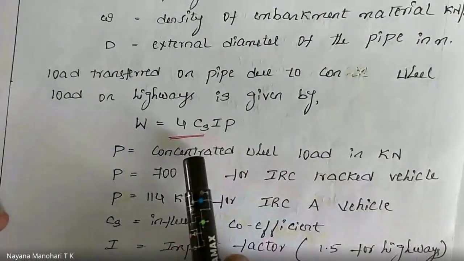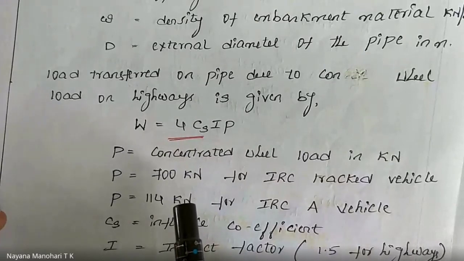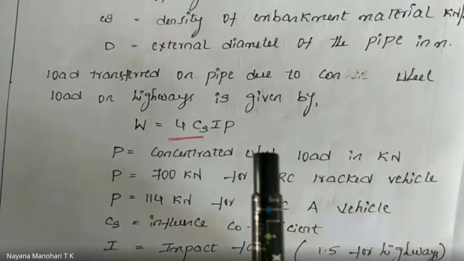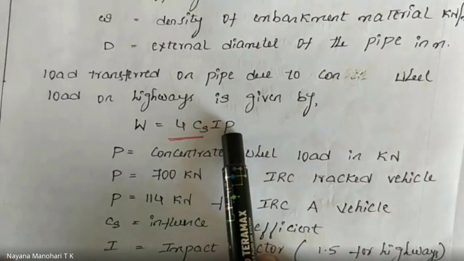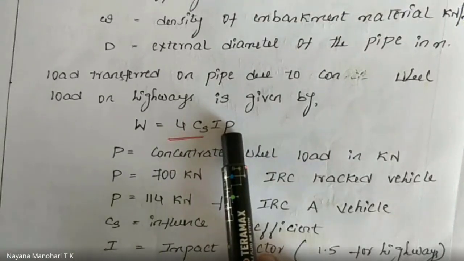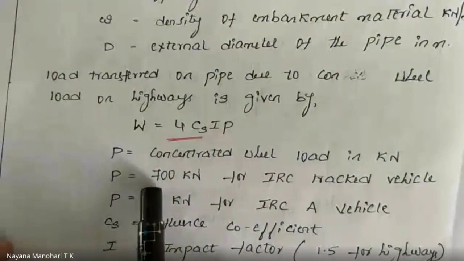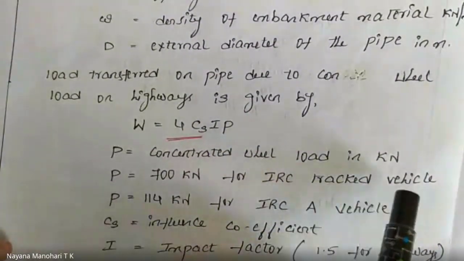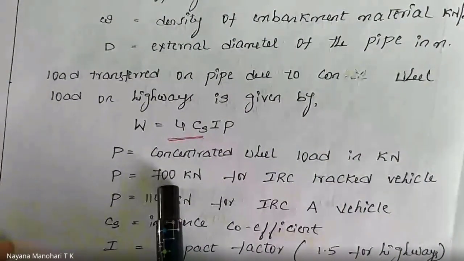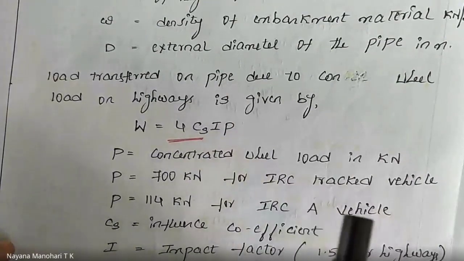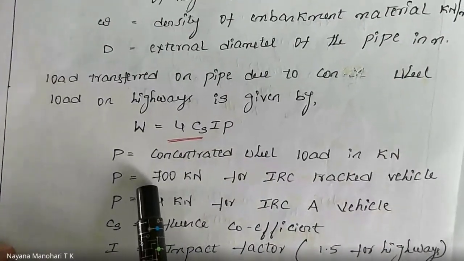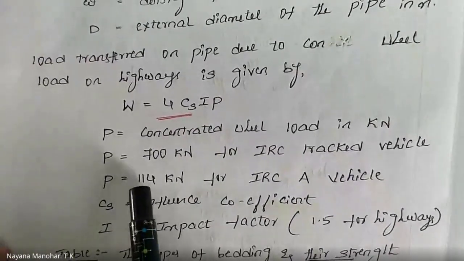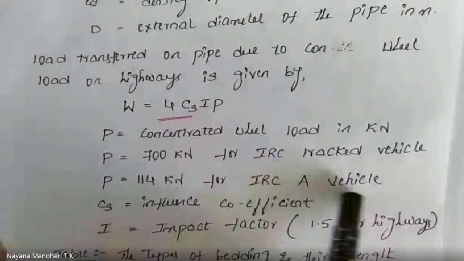Depending upon the different types of IRC loading standard, the P value you already learnt in the first module. What magnitude of P you need to consider: if it is IRC class AA tracked vehicle, P is 700. If it is IRC AA wheeled vehicle, P is 400. Here it is 114 kilonewton for IRC class A vehicle.